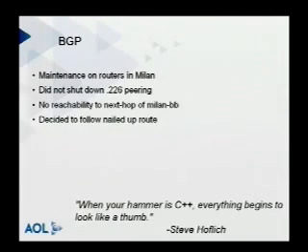The reachability for Milan in ISIS went away immediately because ISIS converged on the order of a second or so. And since we take our AOL space and nail it up on all our backbone routers, the next hop of all the prefixes, like 40,000 prefixes that were in Milan, were now reachable from every router locally.